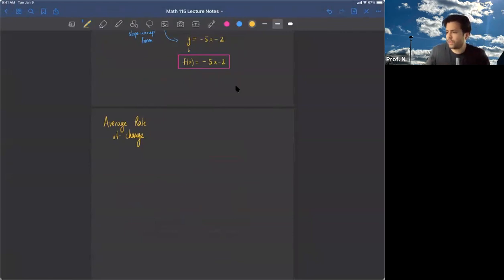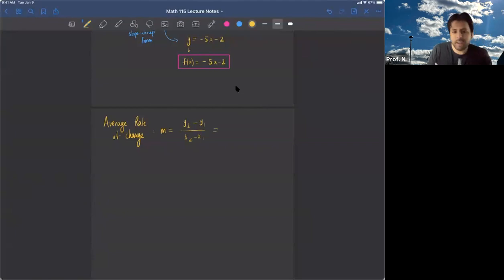I think the review sheet has one of those questions. So guys, make sure you look at the review sheet. And again, I'm opening this up to you guys. Whatever you want to go over, of course, I can't go over everything in this limited amount of time that we have. But is there any particular question here that you have questions on? Then please let me know. The average rate of change is really just slope, but it's written in a very particular way. Let me just write this.